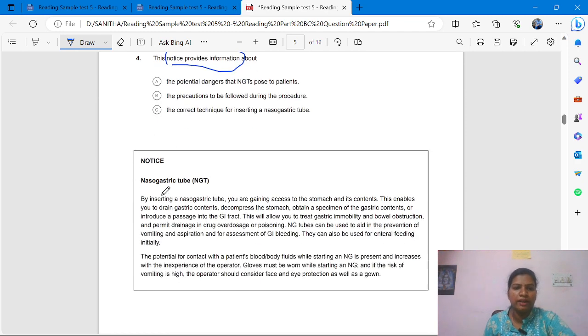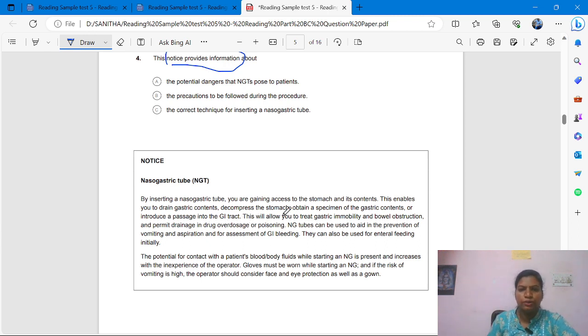Fourth, the notice provides information about what it is providing. Nasogastric tube. By inserting a nasogastric tube, you are gaining access to the stomach and its contents. This enables you to drain gastric contents, decompress the stomach, obtain a specimen of the gastric contents, or introduce a passage into the GI tract.